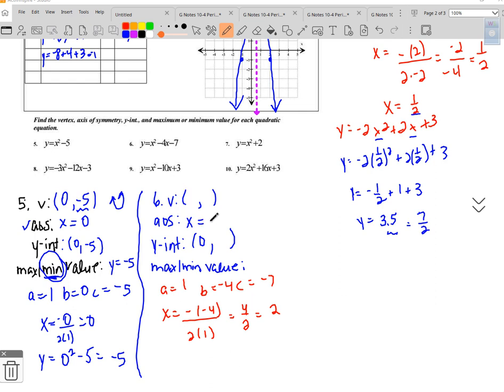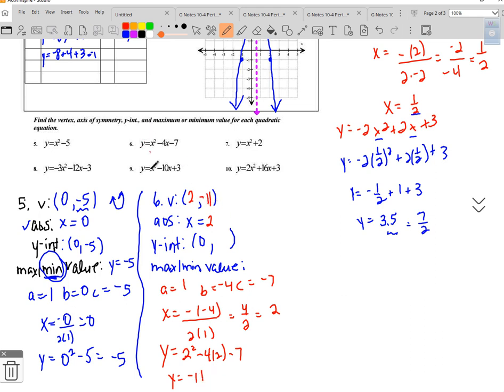And so x equals 2, and our x-coordinate of our vertex is 2. So now our x is 2, plug it into the original equation: 2 squared, minus 4 times 2, minus 7. So the y-coordinate is 4 minus 8 is -4, -4 minus 7 is -11.